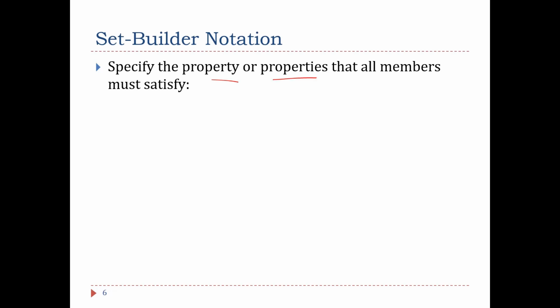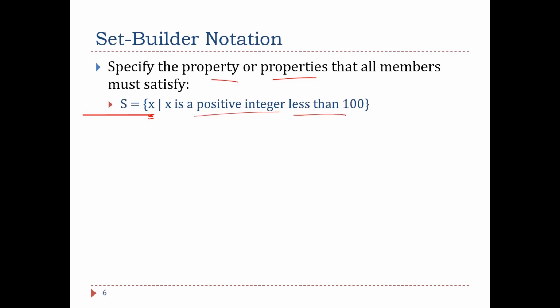And here comes the rule of predicate logic once again. So we can say that S is, for example, the set of elements X, where X is a positive integer that is less than 100.